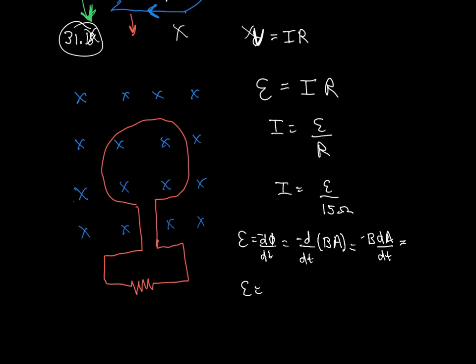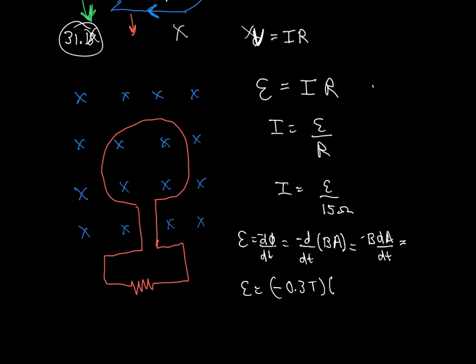So EMF, negative B. They give us that our magnetic field is equal to 0.3 Tesla. And then I need the change in the area divided by the change in time. They tell us the area of the loop is reduced at a constant rate from 200 to 100 square centimeters. So if I'm changing the area of this from 200 to 100, I need to do the final minus the initial.